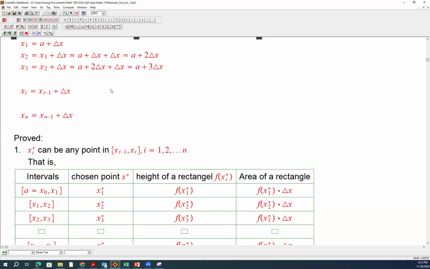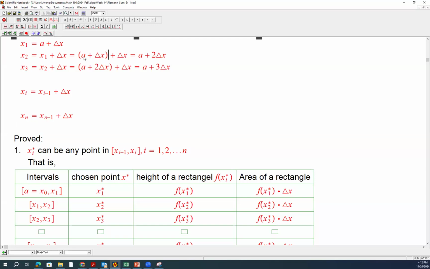Now we can remove these parentheses. When I have these parentheses there, it's just to indicate that this parenthesis is the replacement of x1, and this parenthesis is the replacement of x2. This process continues. Eventually, we get x sub i equals a plus i times delta x.